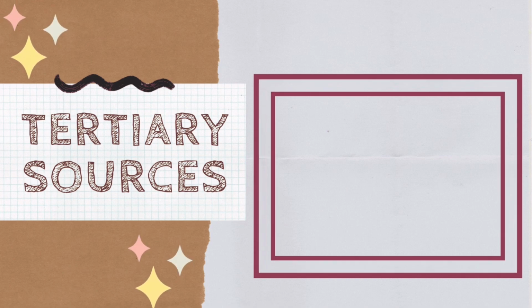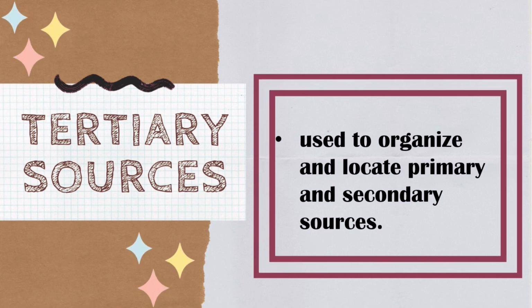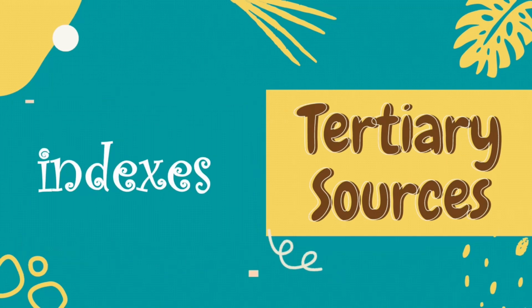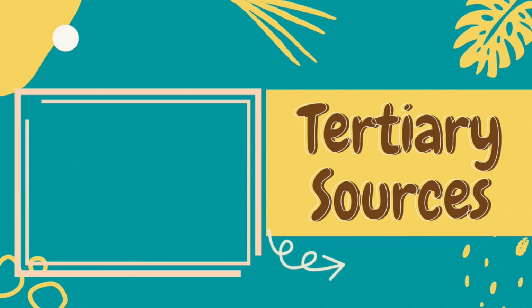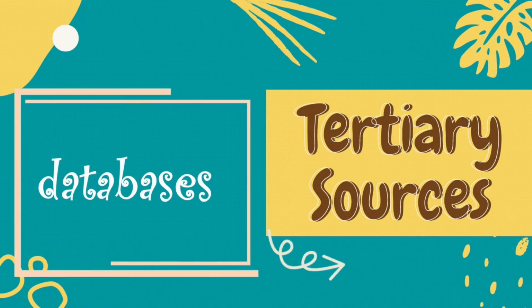Sources of information are considered tertiary sources when they are used to organize and locate primary and secondary sources. These classifications include indexes, abstracts, bibliographies, directories, and databases.